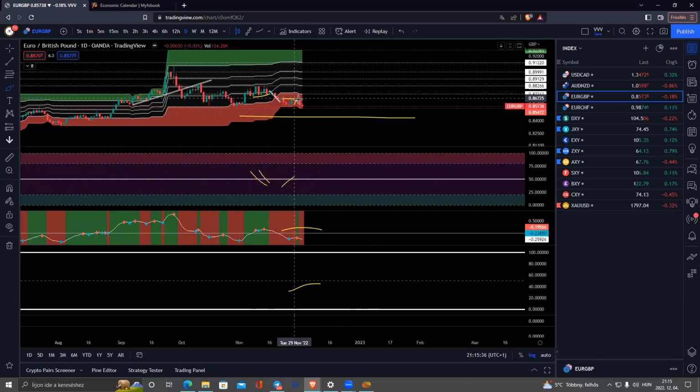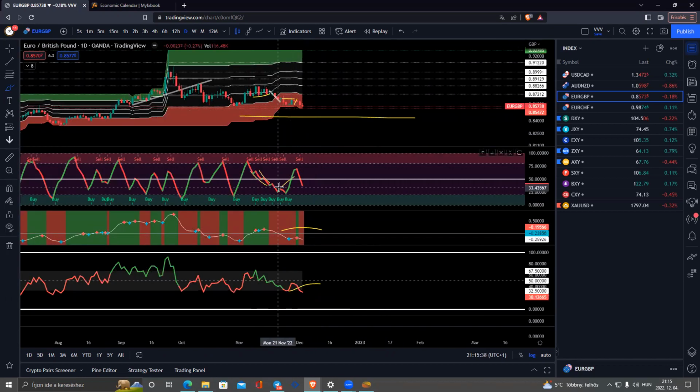There was a divergence forming, which I said also on the daily basis. Then the price was turning down. Actually, now is a clear bearish momentum under the zero line. Everything is red. We got a sell signal.